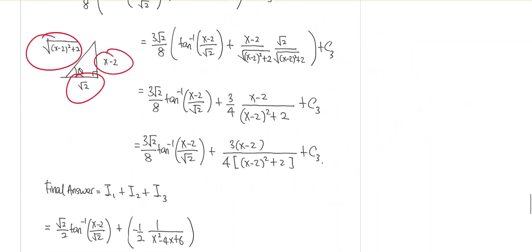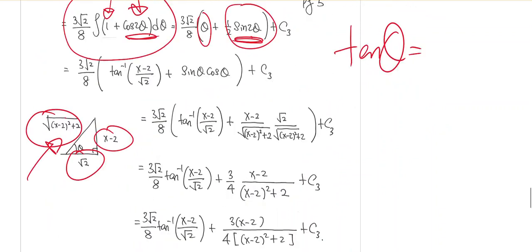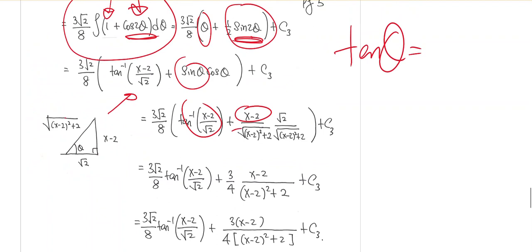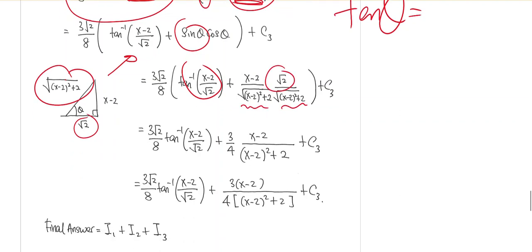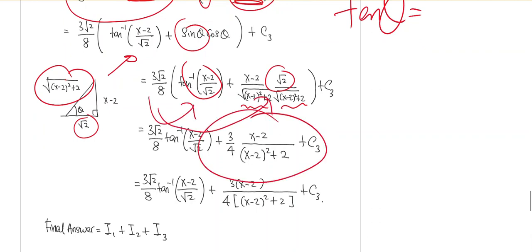And the Pythagorean theorem gives you the length of this side. And then you can just substitute. So this is theta, so theta is equal to that. Sine theta is going to be this over this. Cosine theta is going to be this over this. And then you multiply all, this is the same term with the square root, so you multiply them up. Also distribute all these things in, and you will see that this is how you get I3.